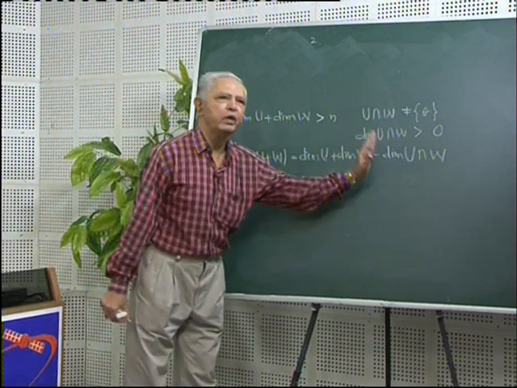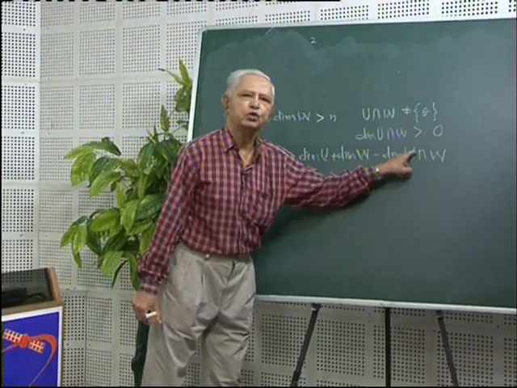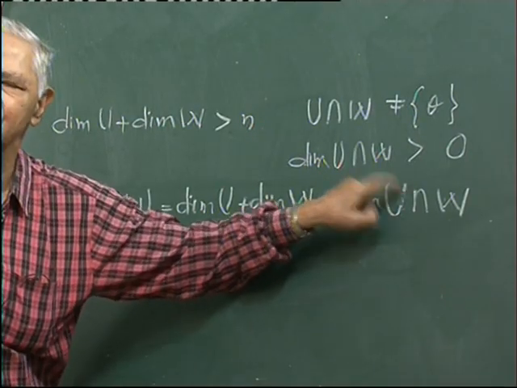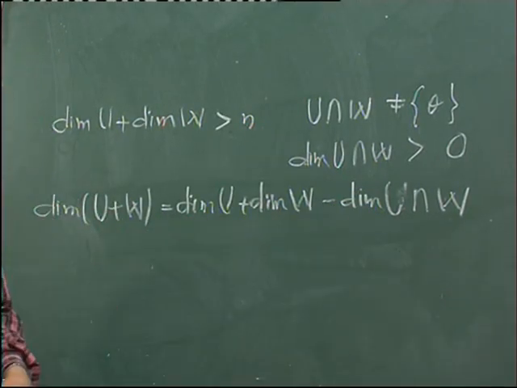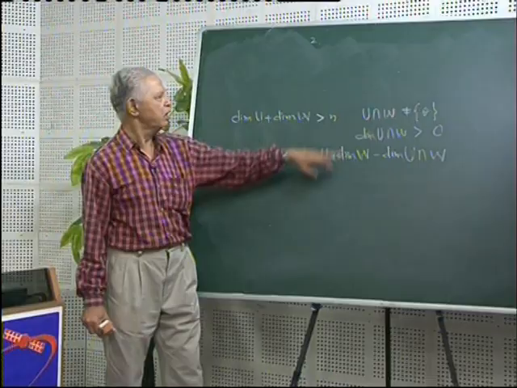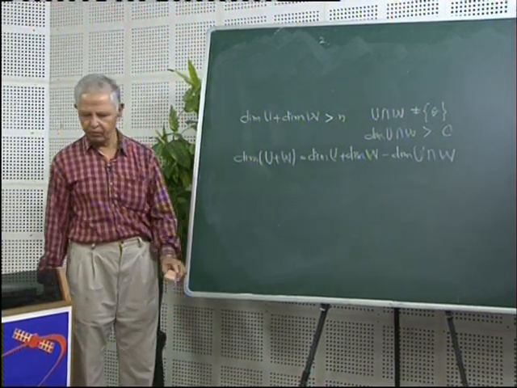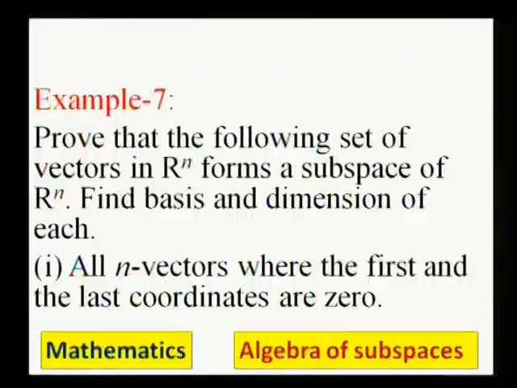So, for equality, this quantity should be positive, and that implies that dimension of U intersection W is greater than 0. That means U and W have a common vector. Now, we have the next example, and then we stop today.